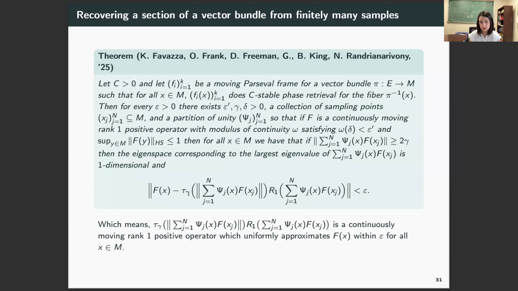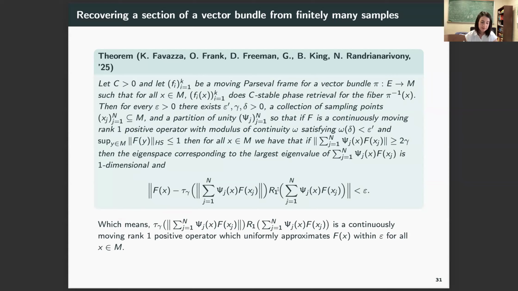In other words, this term is a continuously moving rank 1 operator, and it's uniformly approximating f of x within an epsilon. So this was the result that we had, which kind of answers the questions that we asked before.